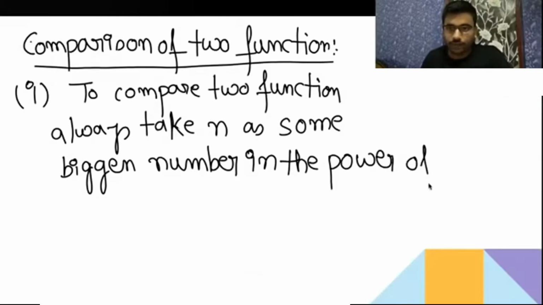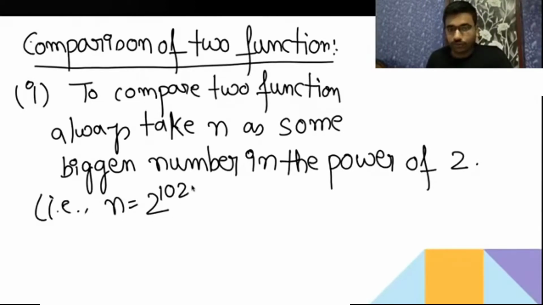You should take some number like n equal to 2 to the power 1024, the bigger number. Okay, don't take less than that.